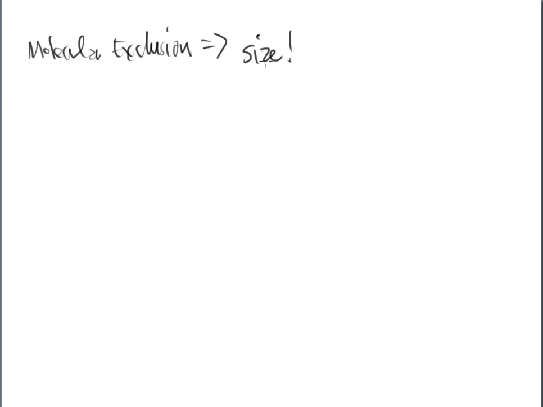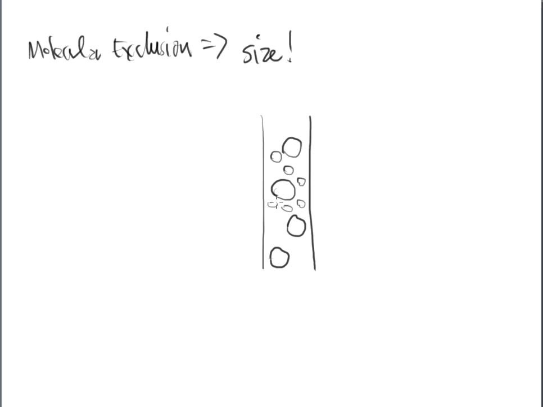So with molecular exclusion, what happens is that you've got a column that's going to be here. And let's say that this column has different size particles in it. Let's say that we've got some really big old fat ones all the way up and down. And then let's say that we've got some tinier ones that kind of fill in the crevices a little bit and maybe even tinier.